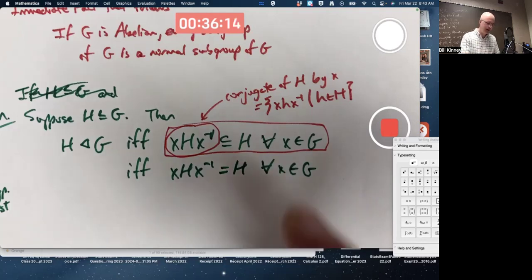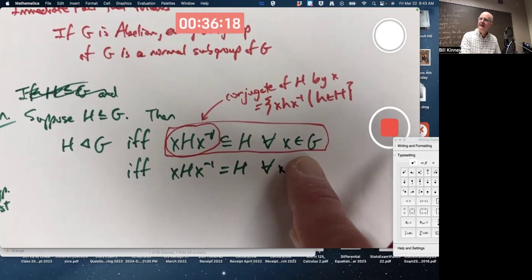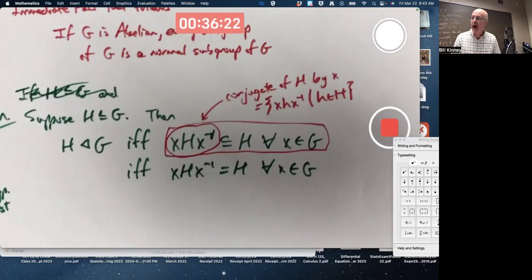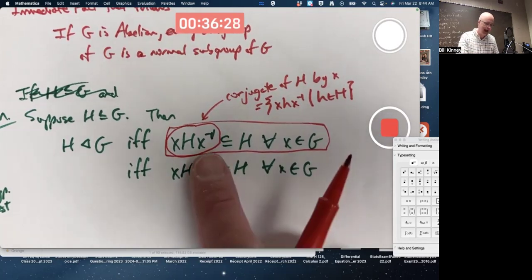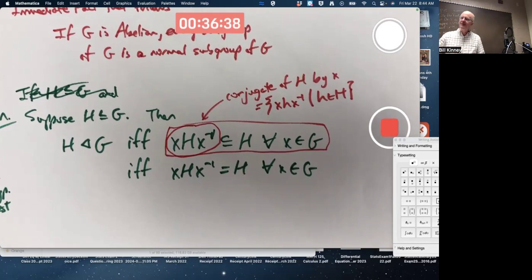We used a subgroup test to verify that this is a subgroup of G, no matter whether H is normal or not. Being normal, though, means it actually, in the end, equals H, no matter what. Kind of a weird thing.